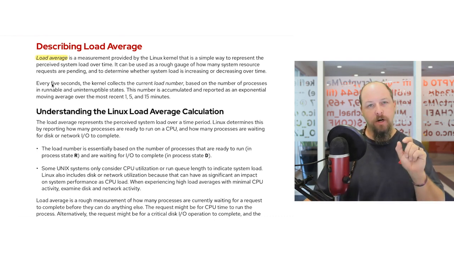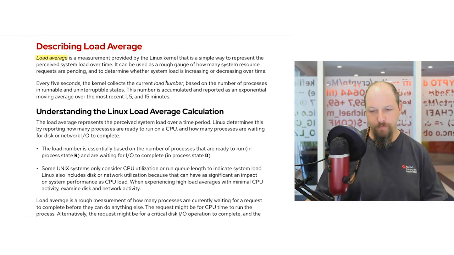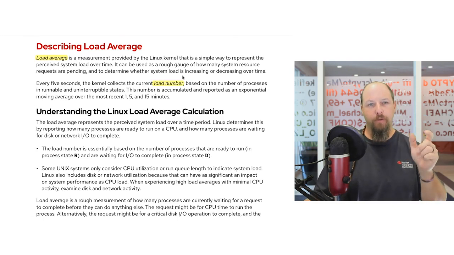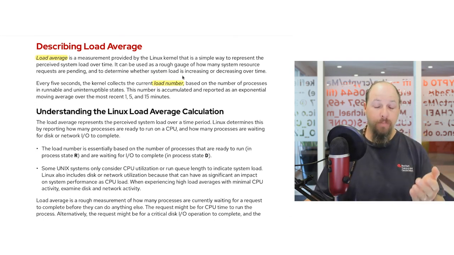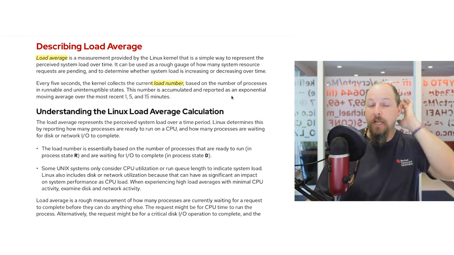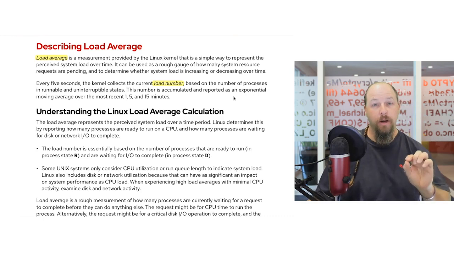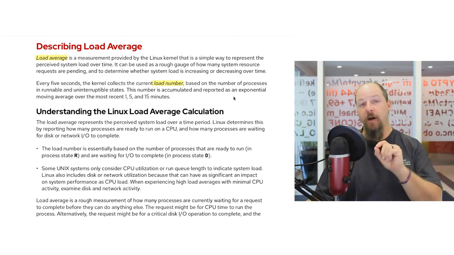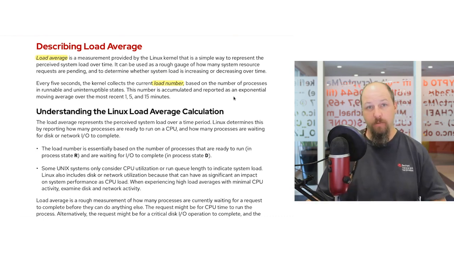Every 5 seconds, the kernel gathers a number it calls the load number. This load number is based on a calculation on the number of running processes as well as those that are in uninterruptible states. It accumulates this and does calculations to provide us a health report on the load number in 1 minute ago, 5 minute ago, and 15 minute ago increments.